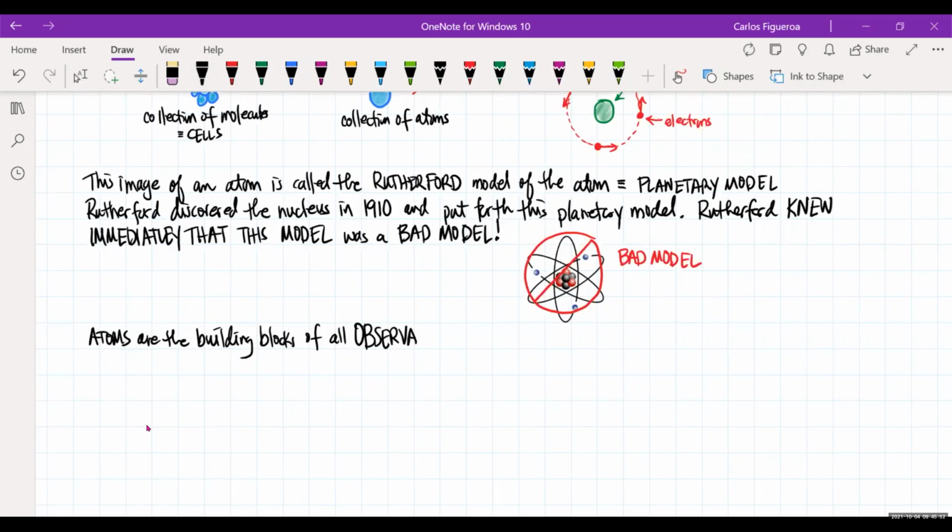No. What I said was absolutely wrong. Atoms are the building blocks of almost all observable matter.